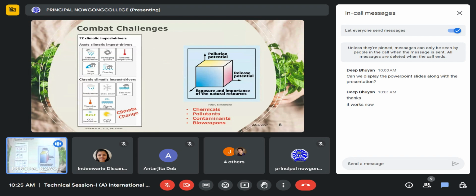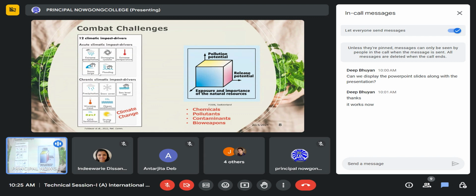So I think what is important to understand here is that we need to have a combat plan, a plan that can address these challenges, a plan that can have meaningful local and global solutions to our agri systems.